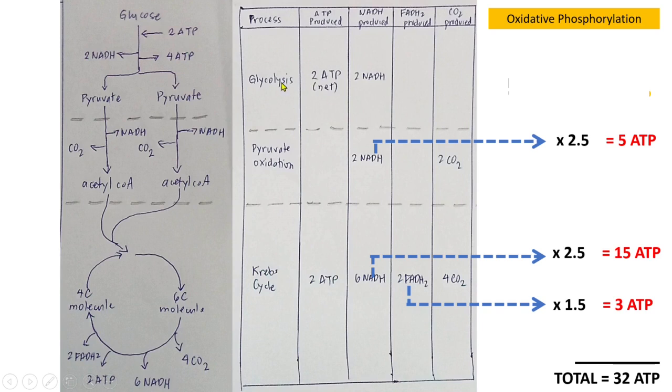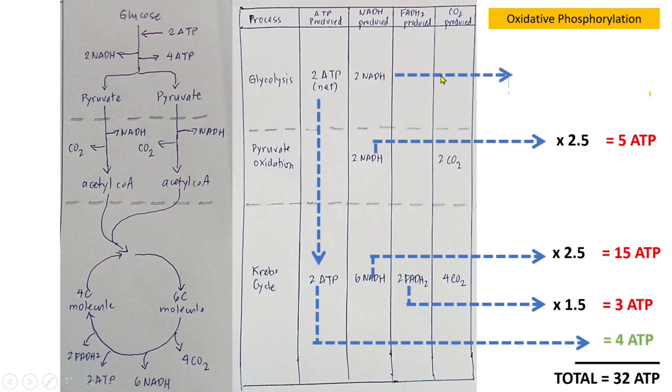However, the glycolysis may have different kinds of ATPs because it may enter into different pathways. So that will be a total of 4 ATPs before I forget. So for example here, the 2 NADH as it enters the mitochondrion can go towards pathway number 1, and pathway number 1 has a higher multiplier of 2.5, which means 2 times 2.5 is 5 ATP.